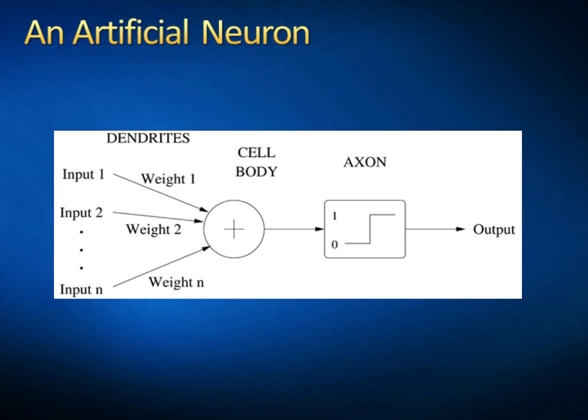So here's a very simple model of what we just saw. What the neuron does is essentially just a weighted combination of its inputs. So each input is multiplied by a weight, which represents the strength of the synapse. And then if that weighted sum exceeds the threshold, then the output is 1, meaning the neuron is firing. Otherwise, it's 0, meaning the neuron is not firing.